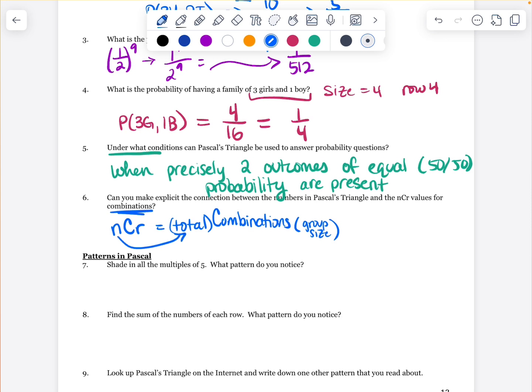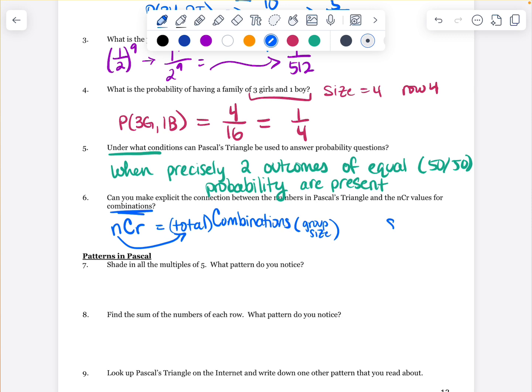So if I wanted you to have, let's say, 8C3, 8 is your total that you have available, and this number would be your group size, or how many you're going to pick.